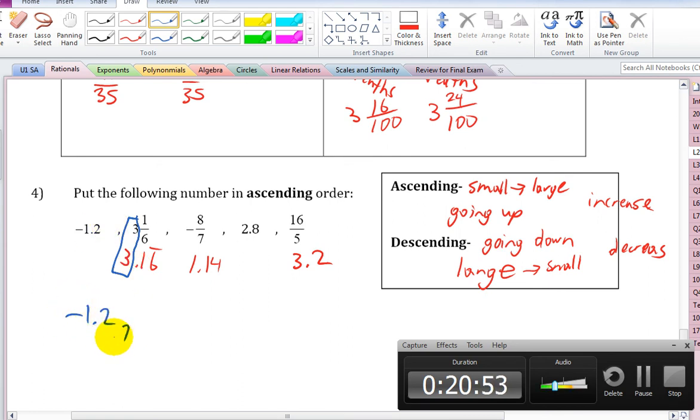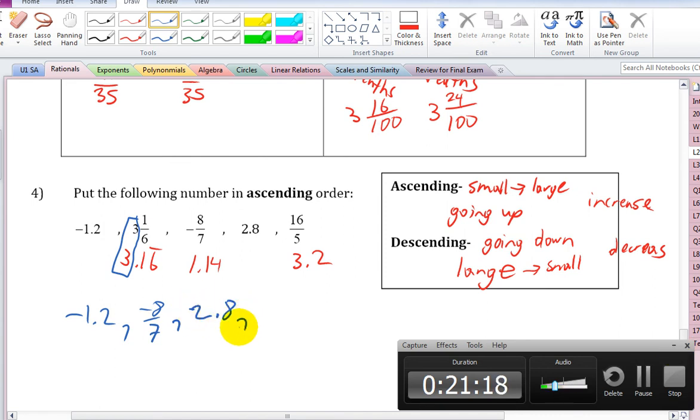Duman, what's the next one? Good, negative 8 over 7. Whoops, that's supposed to be a 7, nice writing. Next one. Alouette. 2.8. Yep, 2.8. Good. Sorry, I wasn't really looking there.